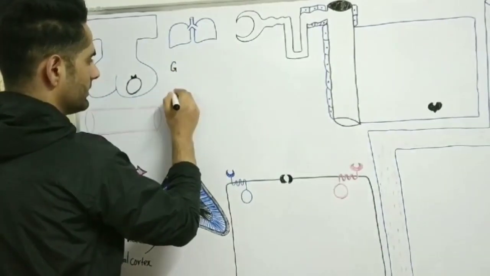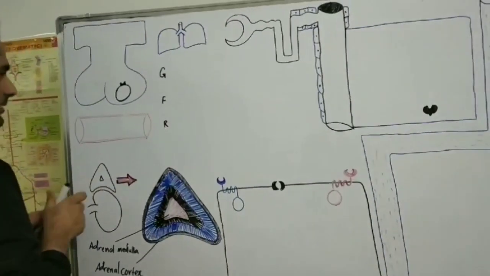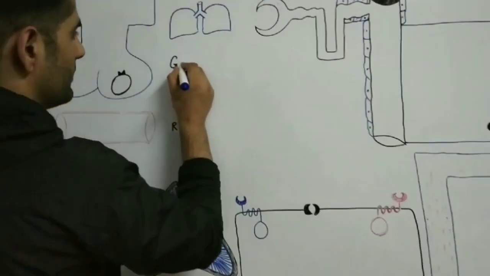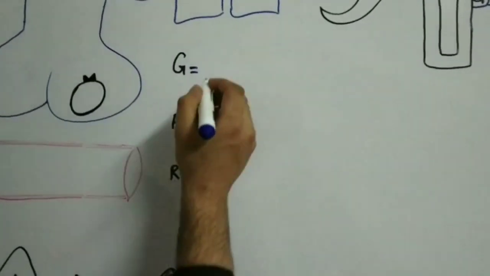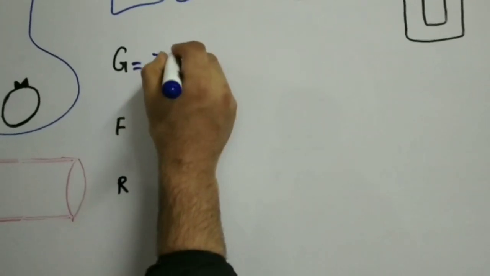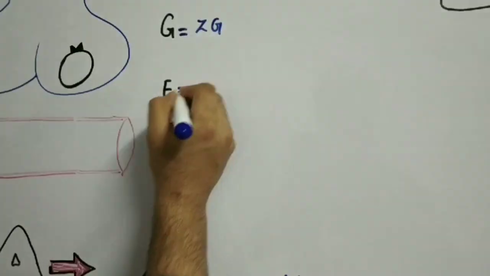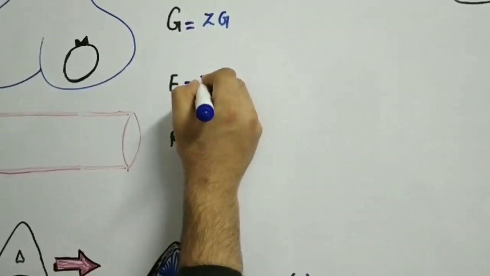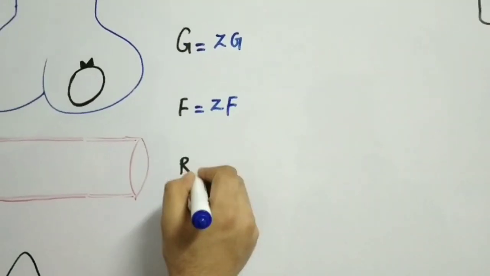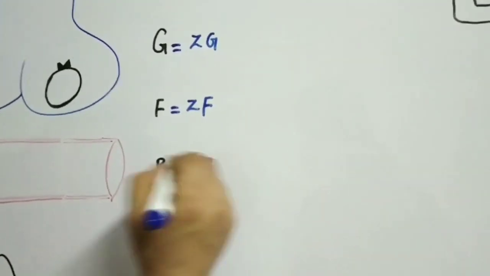GFR. G stands for zona glomerulosa. F stands for zona fasciculata. And R stands for zona reticularis.